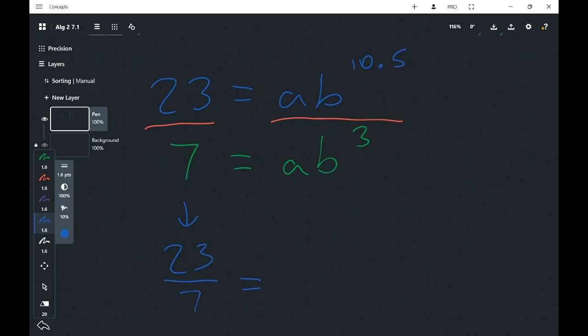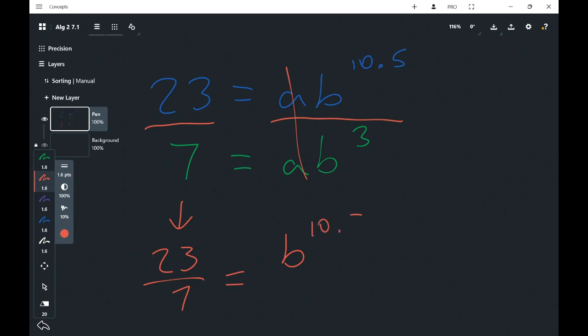When we divide the right sides, the a's cancel out. I really should use a different color for this. Let me do that now. We got 23 over 7 on the left. These a's cancel, and we have b to the power of 10.5 over b to the power of 3.